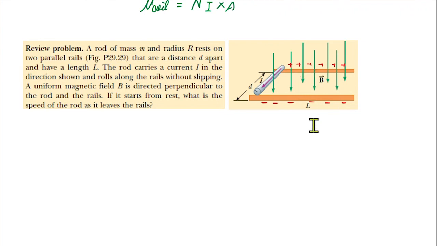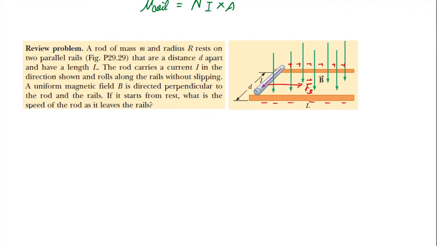Job number one, we'll figure out the direction of that force. So put your fingers downward and align the thumb. Do you see that the force is in this direction? Right hand. So there will be a force, but this is free to slide, right? So this becomes a projectile and accelerates in that direction.